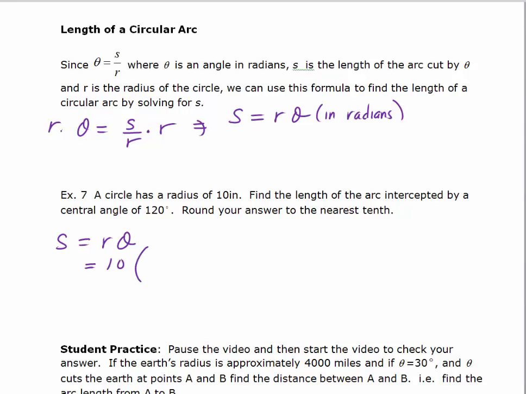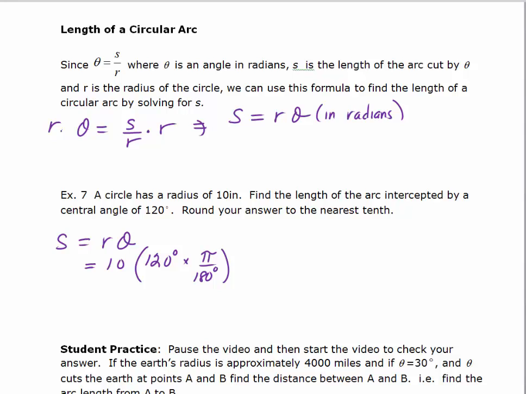Well, theta is 120 degrees, and I can't use this formula with an angle in degrees, so I have to convert that to radians. So I would just multiply by pi over 180, and you can do that right within the problem. Taking the 120 and multiplying it by pi over 180, you basically have theta in radians.